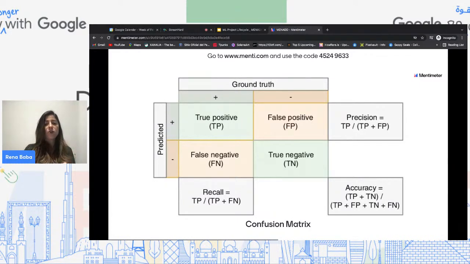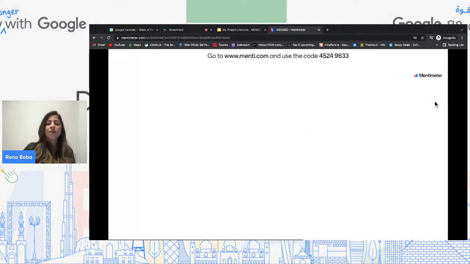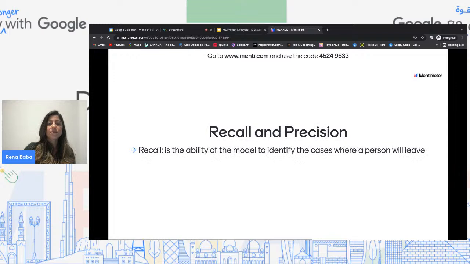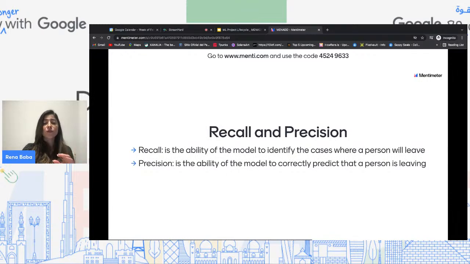Let's say, to recall or discover all the cases and observations that are going or are very likely to leave. And precision is about how precise the model is, or how correct it is when it says someone is going to leave. So let's recap: recall is the ability of the model to identify the cases where a person will leave, versus precision, which is the ability of the model to correctly predict that the person is leaving.